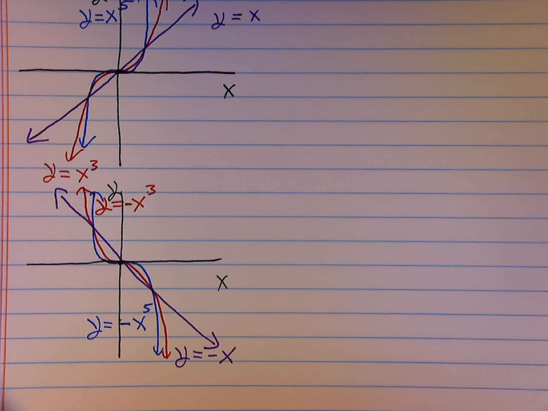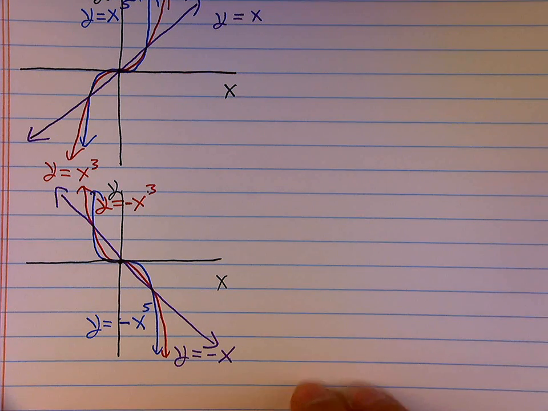So all odd power functions are going down from left to right if they have a negative constant. All odd power functions are going up from left to right if they have a positive constant in front of them. Which means I can always make a quick rough graph of all odd power functions, whether the number in front is positive or negative, because I know what's going to happen with the line if the front number is positive or negative.